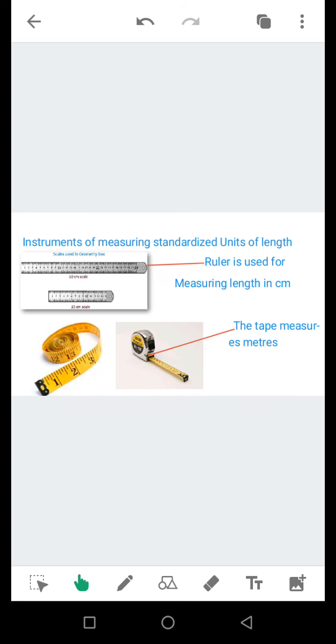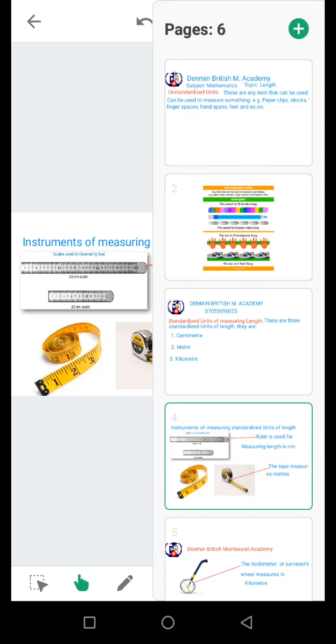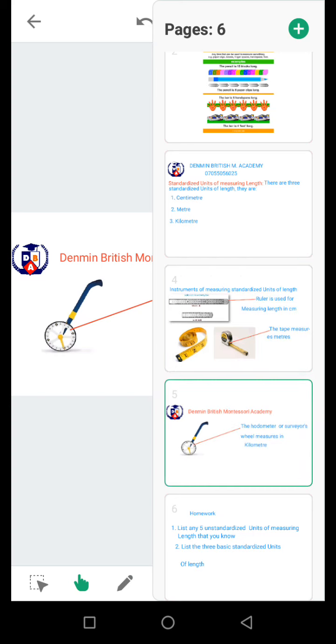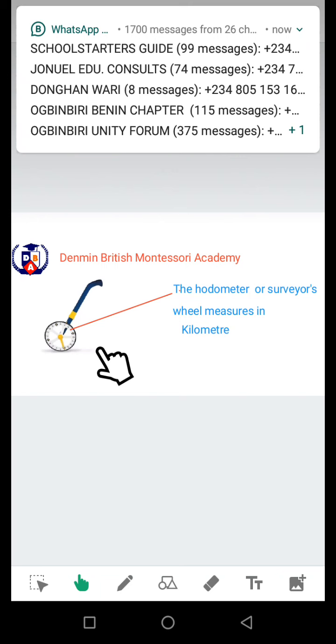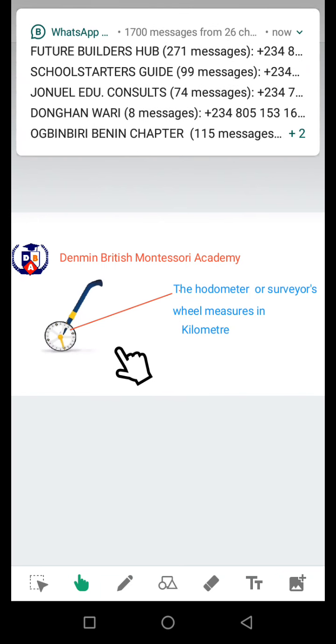So the instrument that is being used is the odometer. Do you see this? As you are rolling it by hand, it is measuring. It is counting.